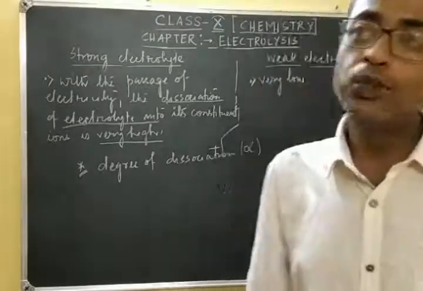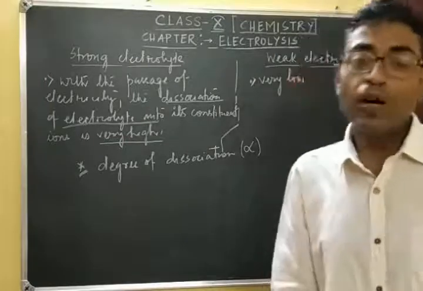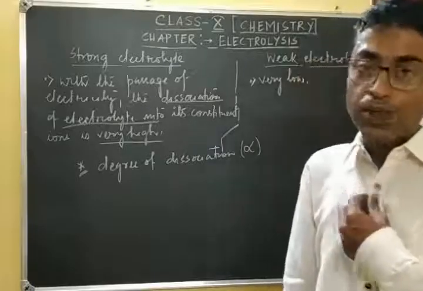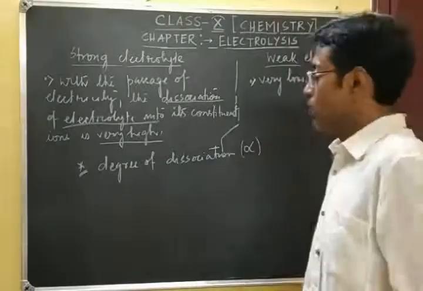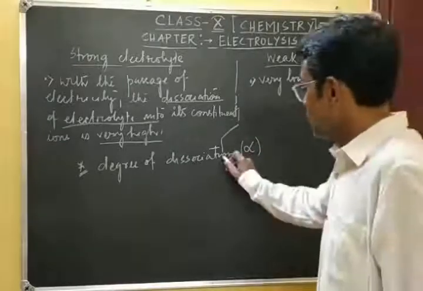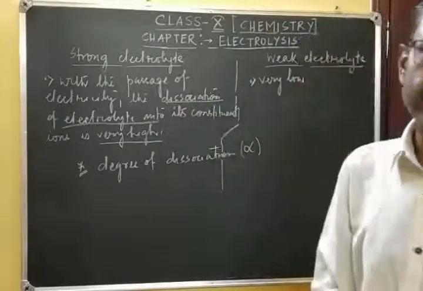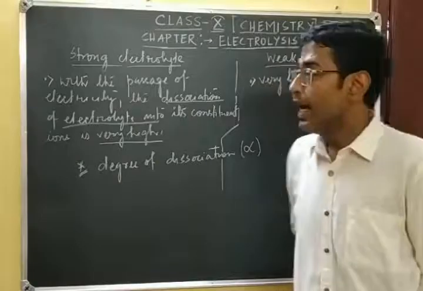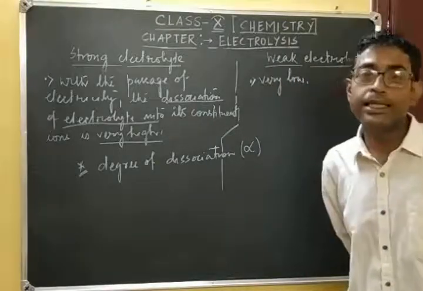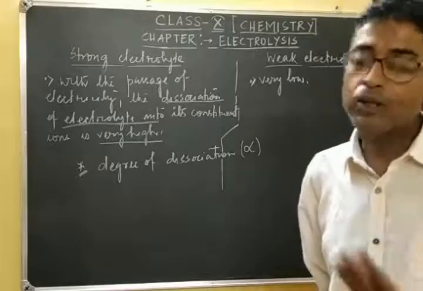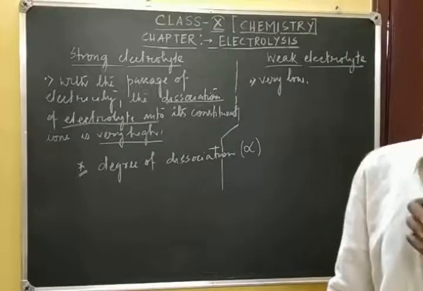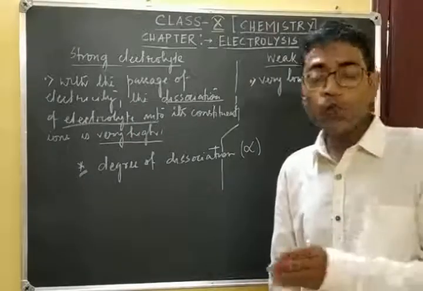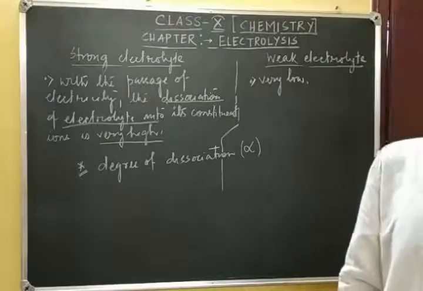So degree of dissociation means the number of molecules which dissociate into constituent ions. In case of strong electrolytes, the degree of dissociation is very high, and here the degree of dissociation is very low. Again, degree of dissociation means breaking of molecules into constituent ions with the passage of electricity.